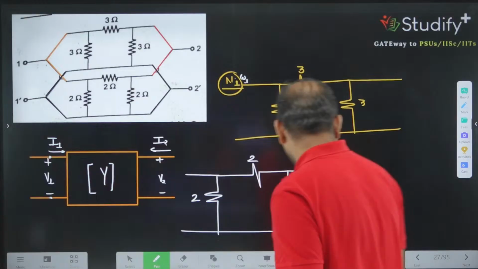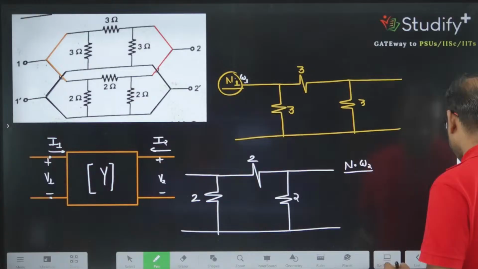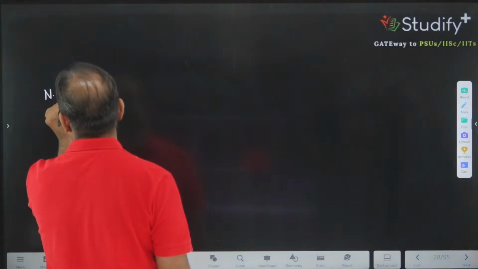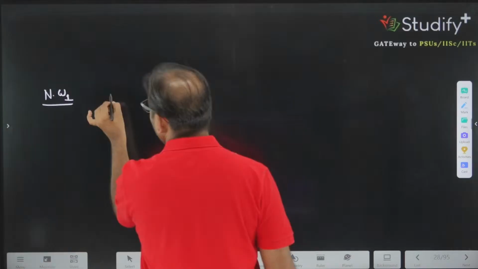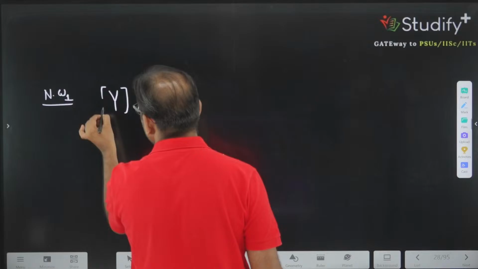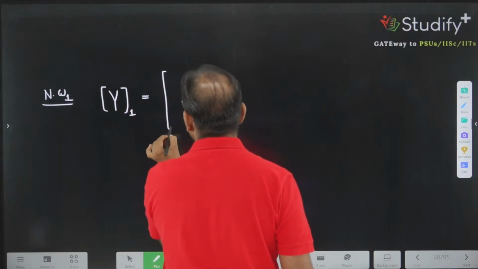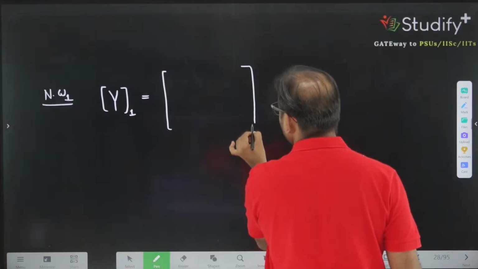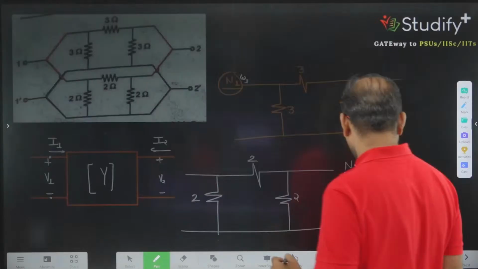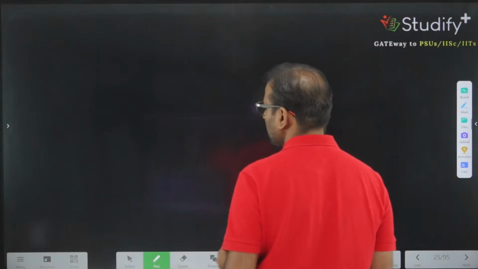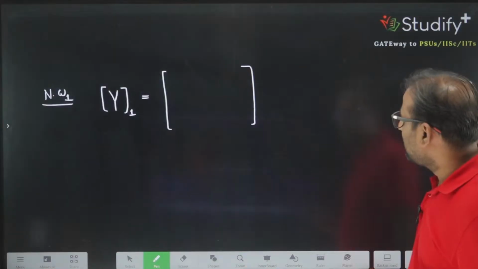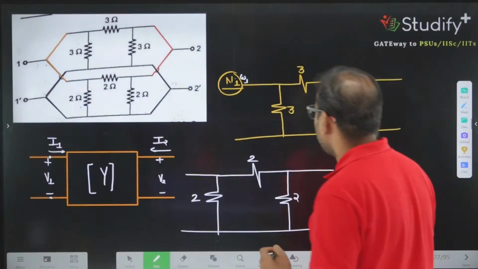For the first network, the Y parameter for network number 1, as we have discussed yesterday, this Y parameter is given by what? I am saying Y parameter for network number 1, so what I have told you? I have told you that Y parameter is given by 1 by 3 plus 1 by 3. How you define the Y parameter? Yes, 1 by 3 plus 1 by 3.